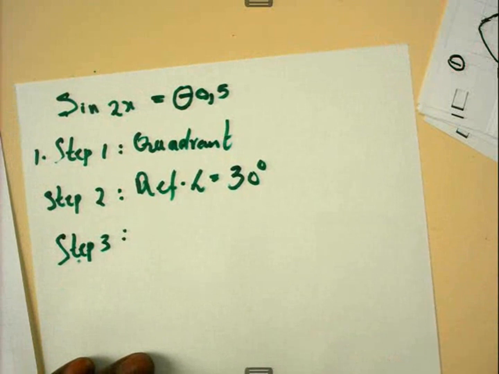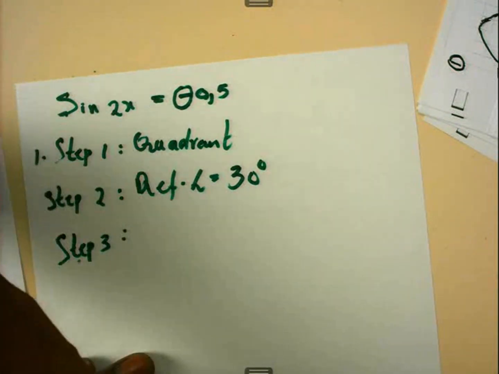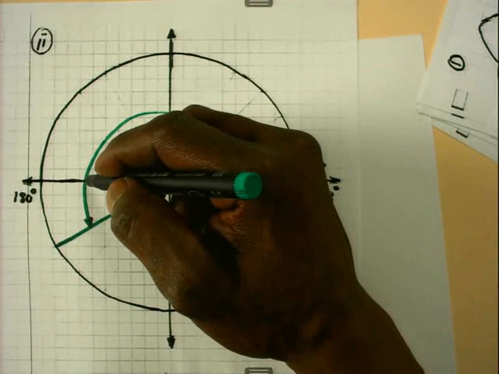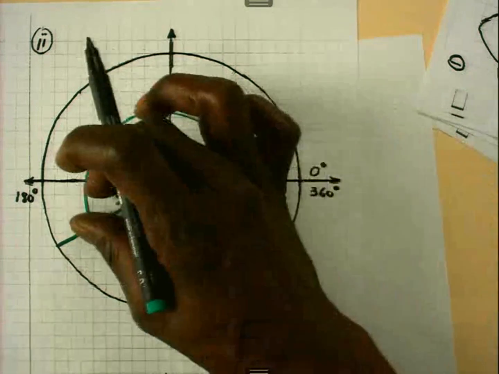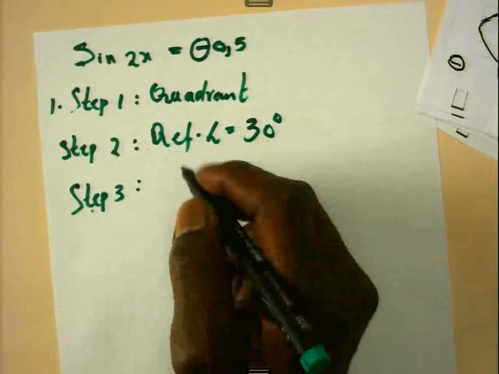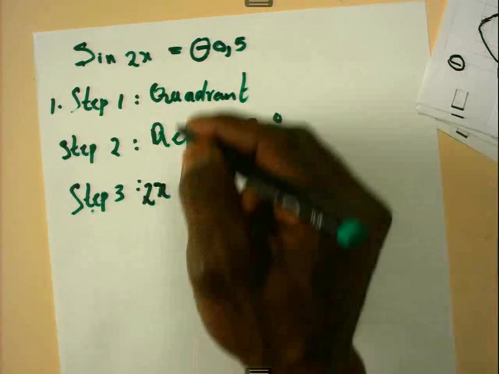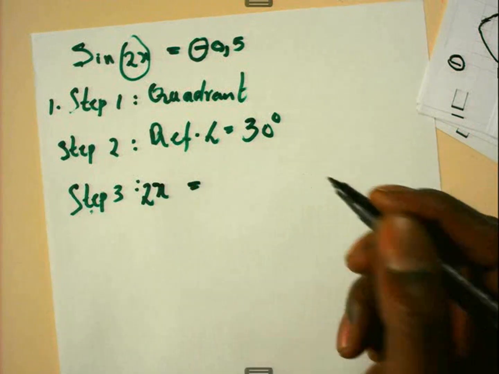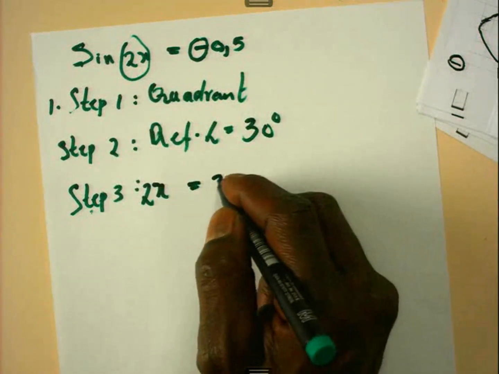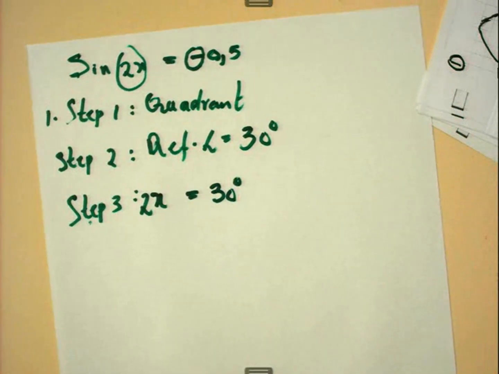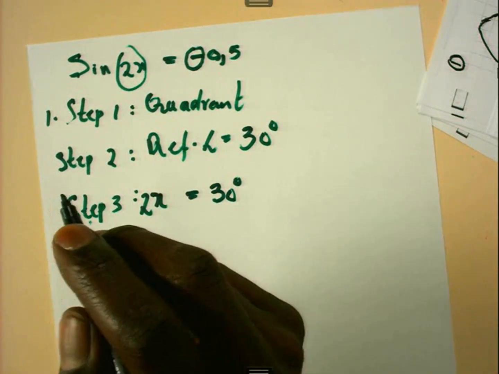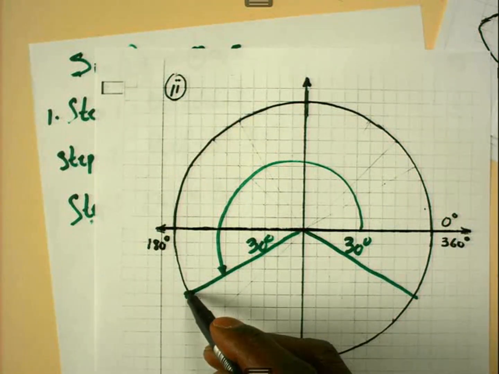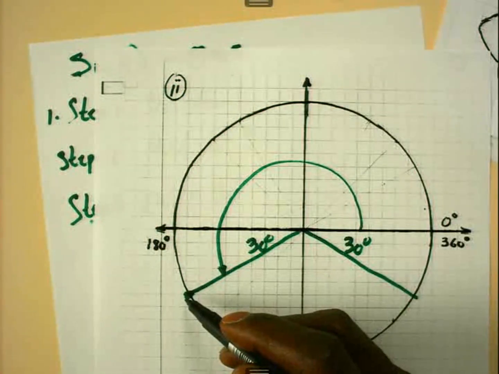Okay, now step 3 will be the solution. We know from here up to there is 180 degrees, but now we must add another angle there. So the solution will be, in this case we are having 2x, not x. 2x will be equal to 30 degrees. But now we can rotate from here 360 degrees and come back.